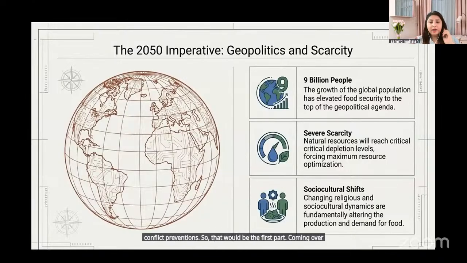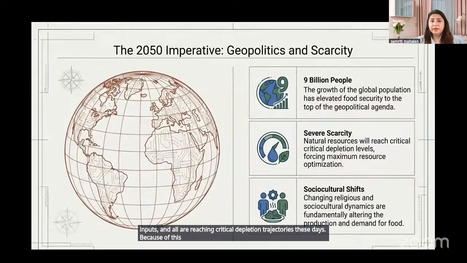Coming to our second part, which talks about severe scarcity of arable land, fresh water, and even fossil fuel, which are the derived inputs, all reaching critical depletion trajectories these days because of these geopolitical agendas.